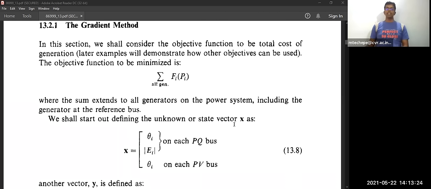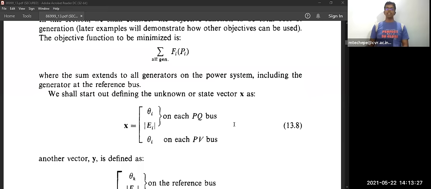When we studied the Gauss-Seidel and Newton-Raphson methods, we started with the voltage and the change in the phase angle. Initially how it is varying or not, that we are going to see. So theta i and Ei are taken as the modulus form on each PQ bus, and theta i on each PV bus.